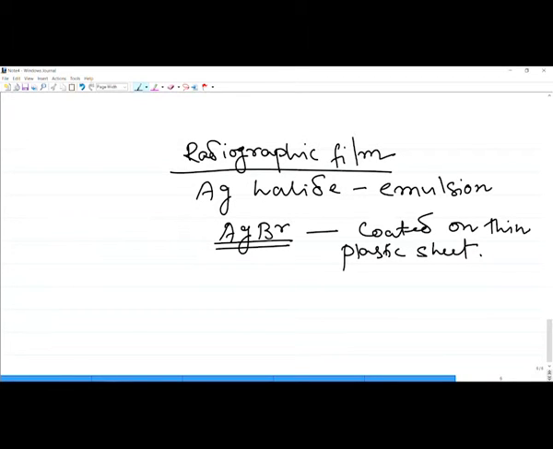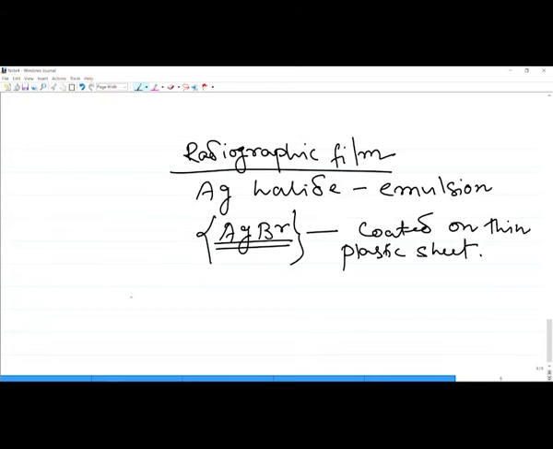And the reason why it darkens is these silver bromide particles that you have. This silver halide or silver bromide is a material which can easily interact with X-rays, and when they interact with X-rays, some of the X-ray energy will be absorbed by this material, and due to that the bond between silver and bromine will be broken and silver ions will be liberated.